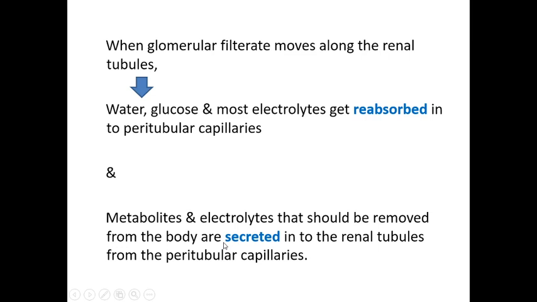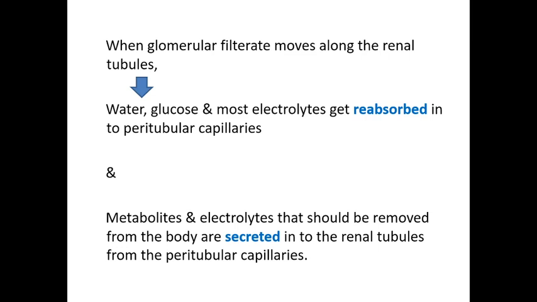So you can see there are three main processes in urine formation: filtration, reabsorption, and secretion. Out of these three steps, filtration takes place in the renal corpuscle, right?